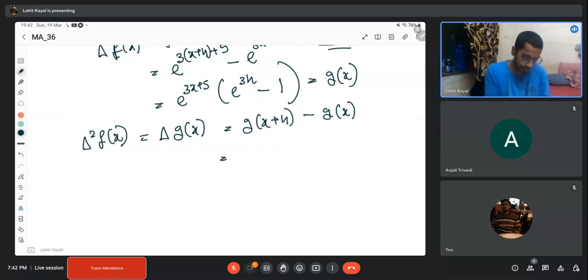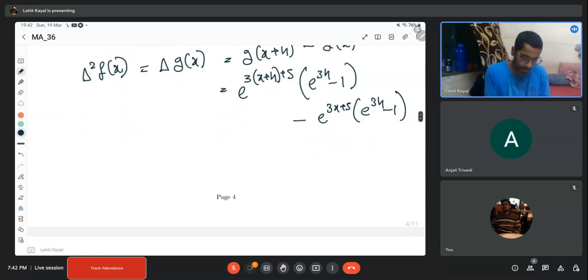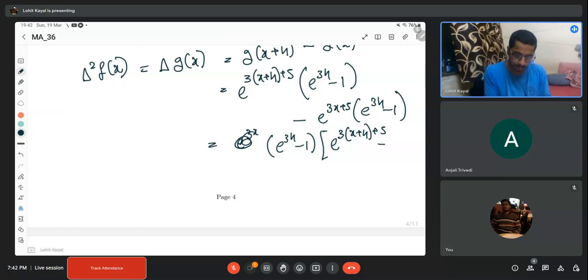So the h will be added to x, so it will be e to the power 3 into x plus h plus 5 multiplied by e to the power 3h minus 1, minus this term, e to the power 3x plus 5 times e to the power 3h minus 1. So I can take the common factor e to the power 3h minus 1, and I will be left with e to the power 3 times x plus h plus 5 minus e to the power 3x plus 5.